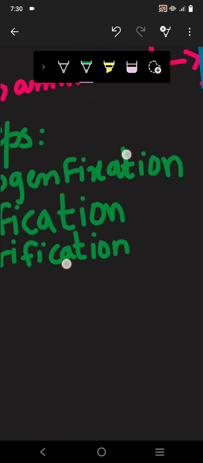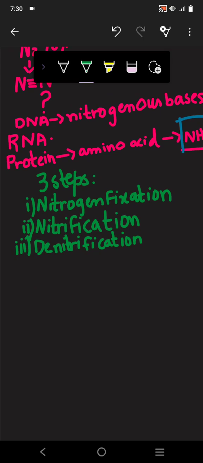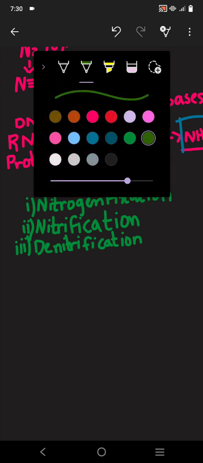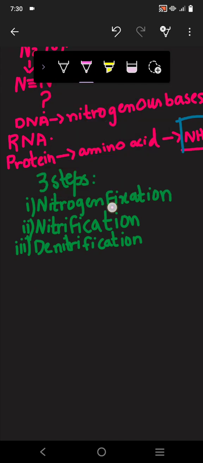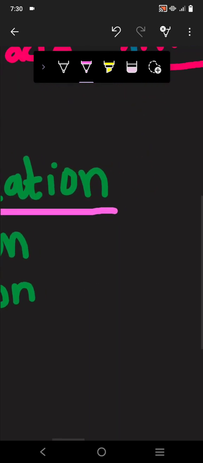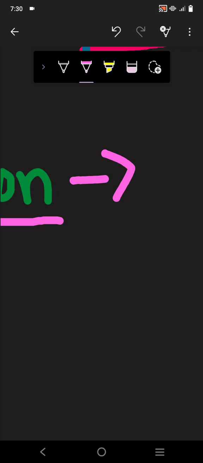So let us first discuss what fixation means. Fixation basically means converting an element into its useful, usable form.